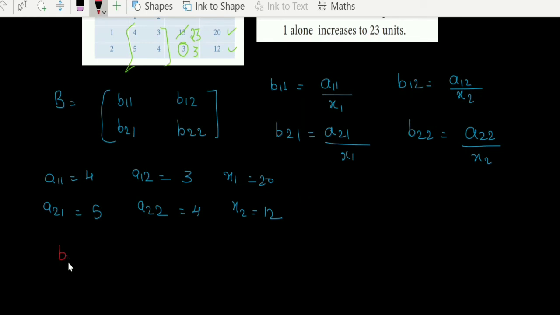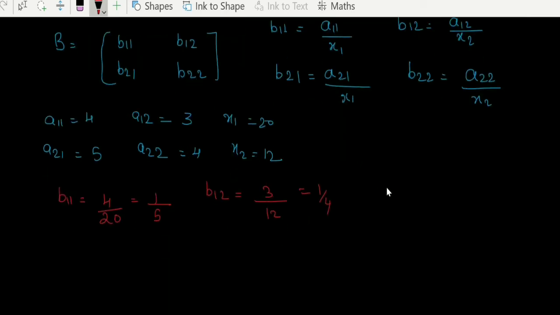So B11 is A11, that is 4 by 20, that is 1 by 5. B12 is A12, that is 3 by 12, that is 1 by 4. B21 is 5 by X1, X1 is 20, so 1 by 4.